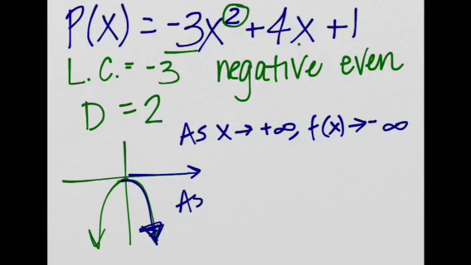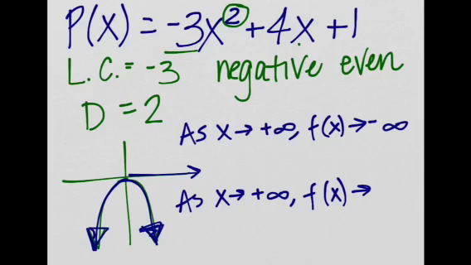And then as x approaches negative infinity, and again, as x gets smaller, so as I move to the left, my y values are also getting smaller, so these also approach negative infinity. And we had that little check. Remember, if you're talking about even functions, you want the end behaviors to be the same for both. So that's a good little check. If you remember that, you can make sure that what you've written reflects that as well.